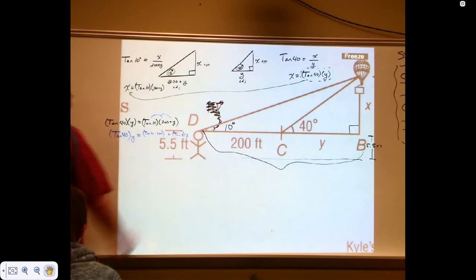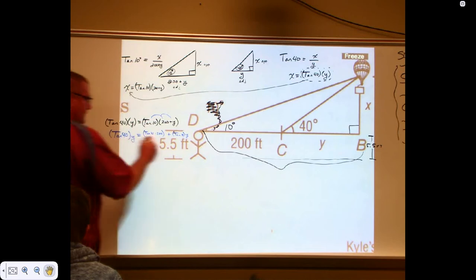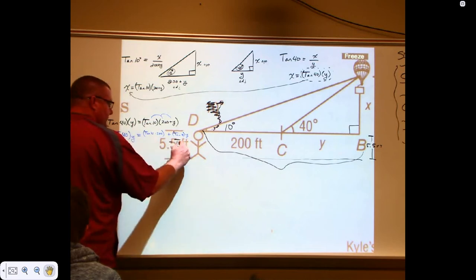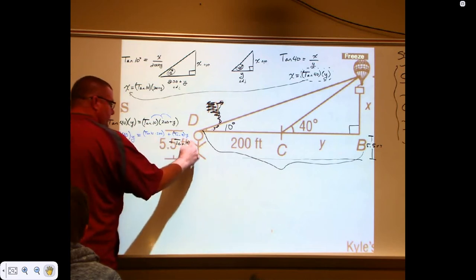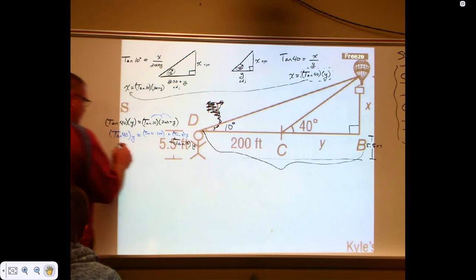Y. Now, this is where it gets a little weird. Like I said, I need to get my y's on one side, everything else on the other, right? So you know what I'm going to do? I'm going to subtract tangent of 10 degrees y from both sides.